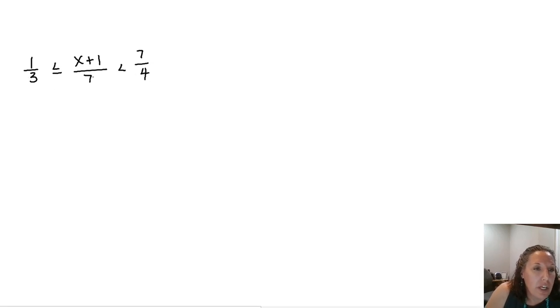So 3 times 7 times 4, there's not any common factors anywhere. 3 times 7 is 21, times 4 is 42. So we're going to multiply everything by 42. On the left-hand side, 1/3 times 42 is going to be 28.